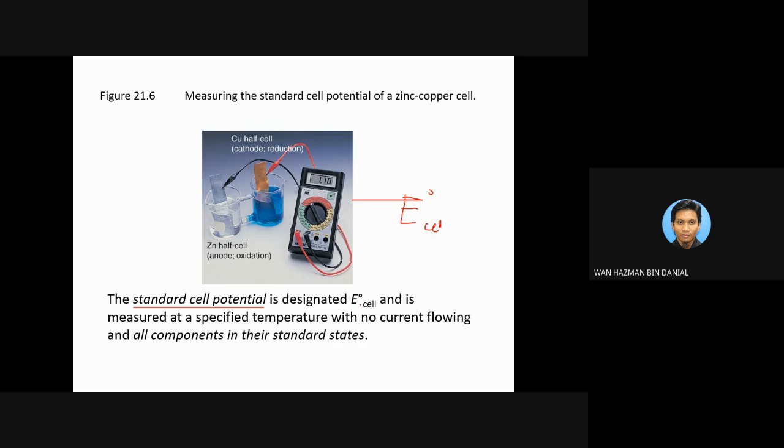So E node cell ni maksudnya dia by default ataupun the standard potential tu yang berlaku antara dua metal, for example, under the standard conditions. What are the standard conditions? Dia adalah ni lah, 1 molar concentrations under 1 atmosphere pressure yang semua condition ni yang dia carry out. Nanti kita tengoklah dia punya standard, macam mana, how do we measure the standard. Okay, temperature 25 degrees Celsius. Okay, all components are in their standard states.